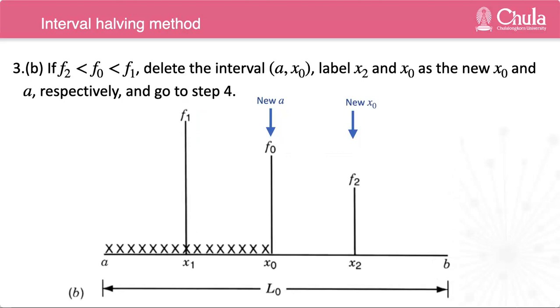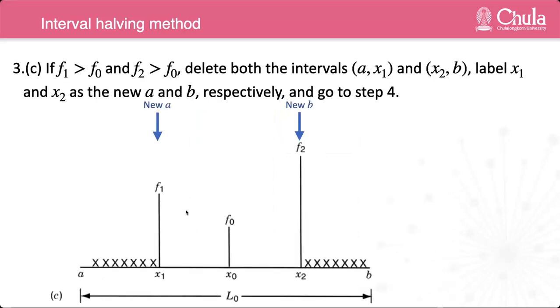If the result looks like this, we can eliminate the left hand side part. And if you get this kind of result, we can eliminate this part and this part. And you see that in any case, we can eliminate half of the interval in each iteration.